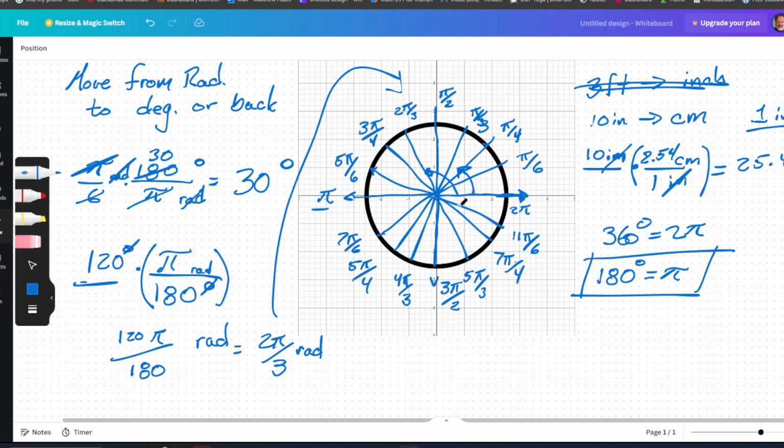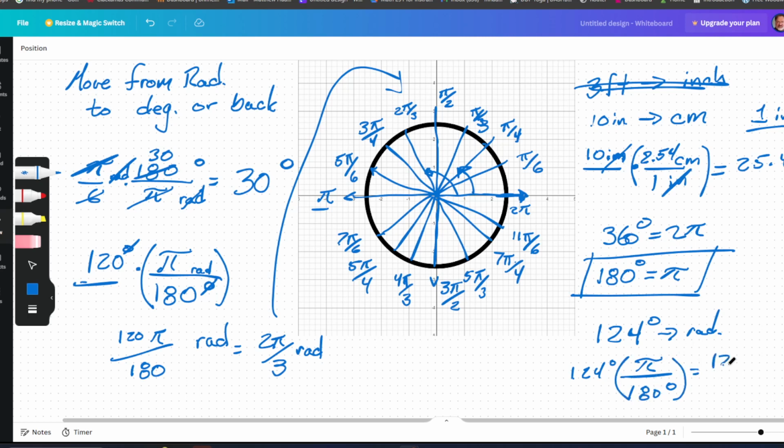Now, they can be uglier numbers. If somebody wants to turn 124 degrees into radians, you certainly can. 124 degrees. Again, we're getting rid of degrees and putting in radians, so pi radians over 180 degrees.